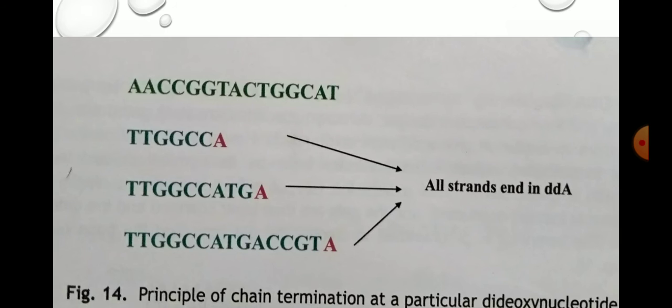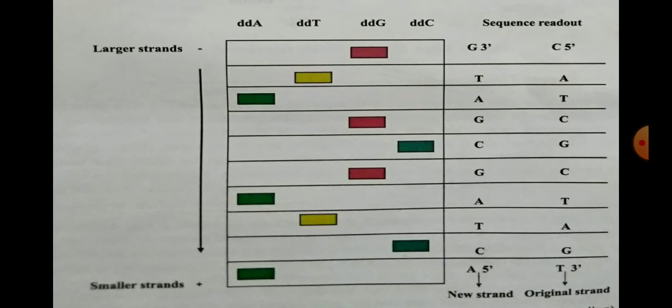So finally we reach the desired DNA sequence when passing to gel electrophoresis, and we know that the primer used in the tube is already radioactive.